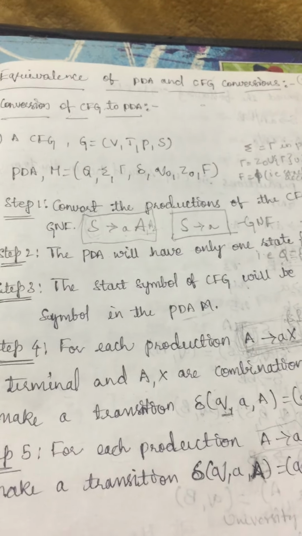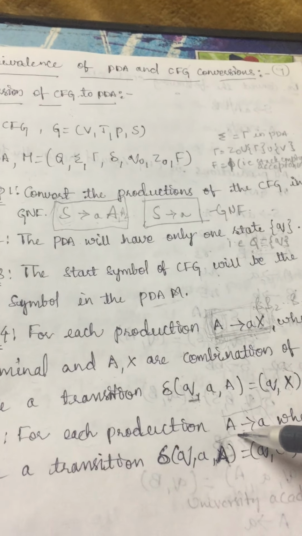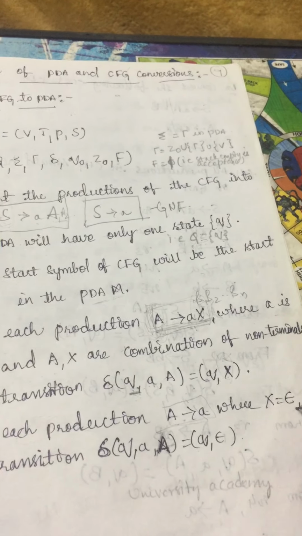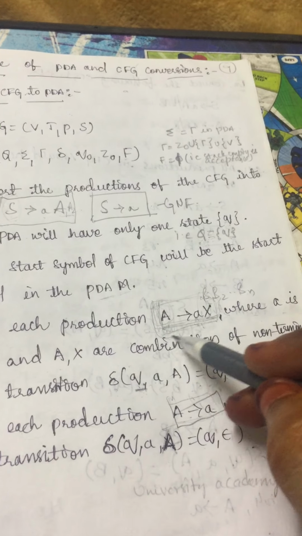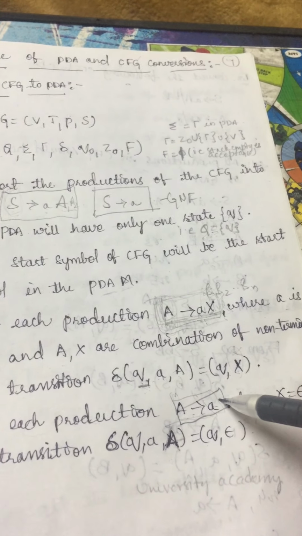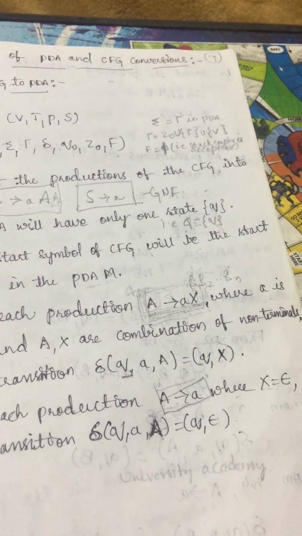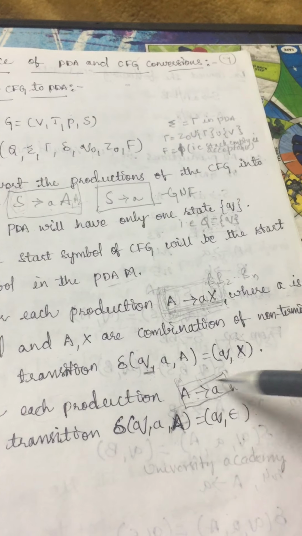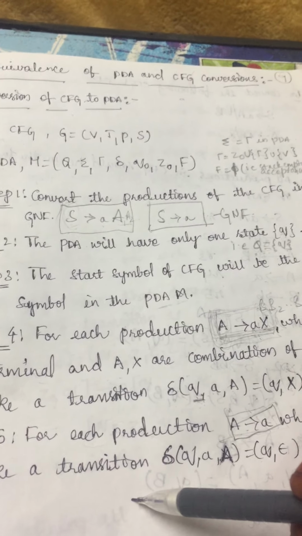Okay, so this is for this production. Now for each production of the form non-terminal producing a single terminal symbol, if we observe the difference between this production and the previous one, here X is epsilon. That is why X is equal to epsilon is written. So if the production is of this format where X is epsilon, then what is the transition we have to consider?